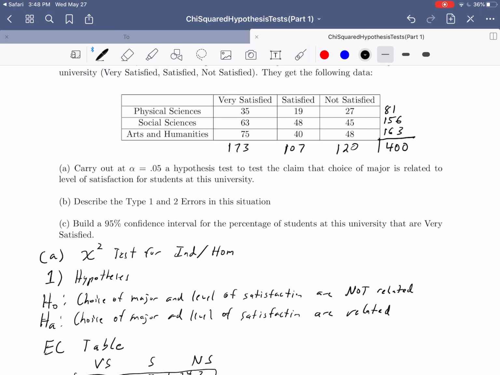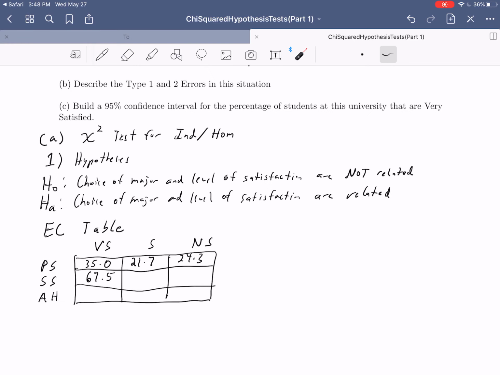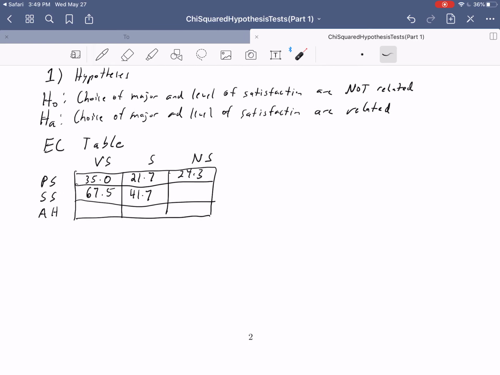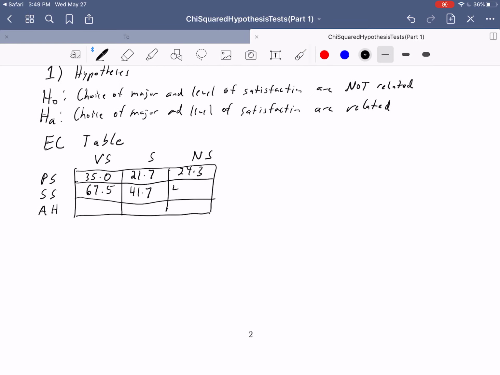For the next one here, we'll be taking 156 times 107 divided by 400. And looks like we should have 41.7 there. And then finally, for this guy here, we'll do 156 times 120 divided by 400. And looks like we should get 46.8.